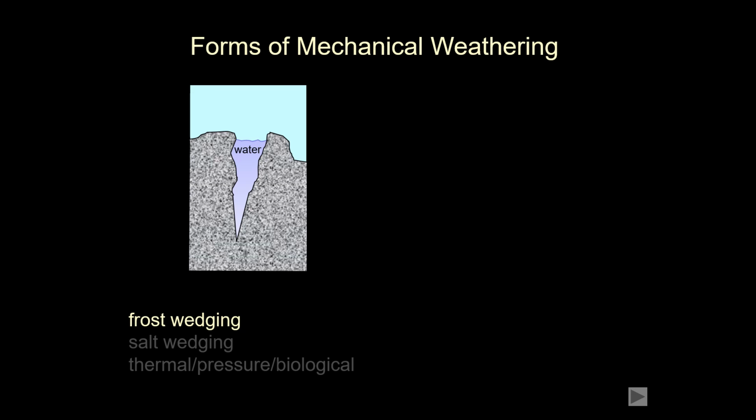Then salt wedging, where salt makes expansion and compaction. And then thermal expansion and contraction in the humid or dry tropical region. These types of weathering are more prevalent, and that also includes pressure differences.